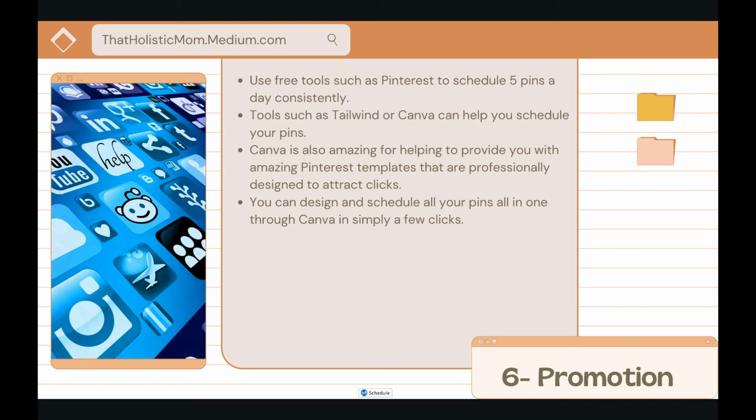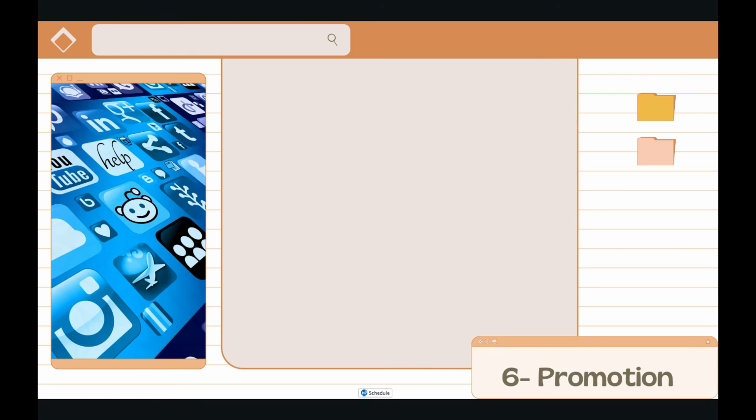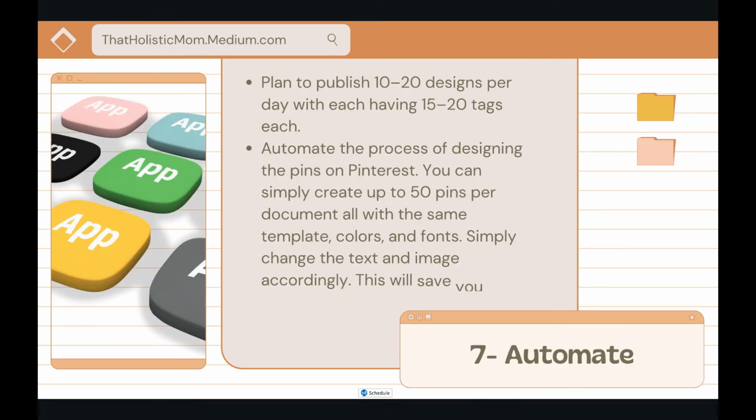Step 7 is automating the process, and this is the most exciting part because it really helps you get organized, to plan and to create as many appealing designs as possible. What I want you to know about this step is to plan to publish 10 to 20 designs per day, with each design having about 15 to 20 tags.